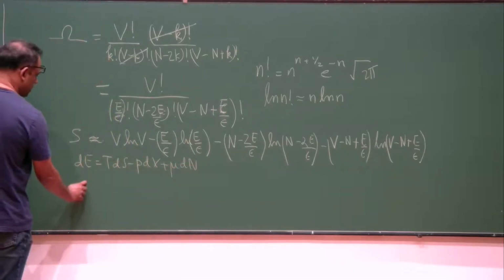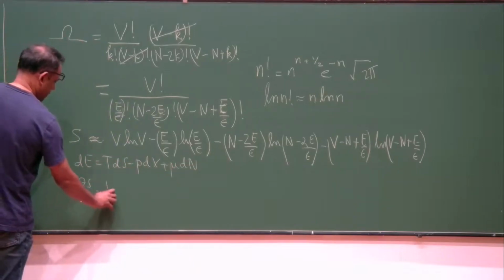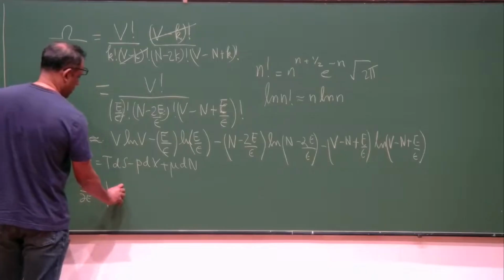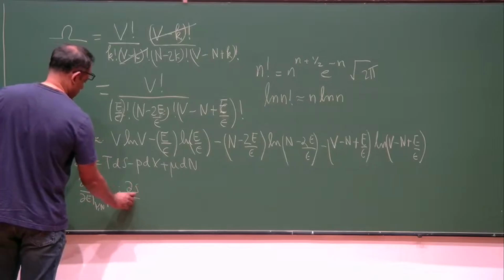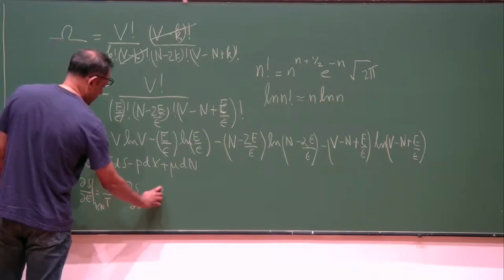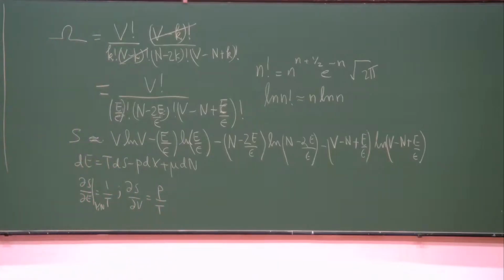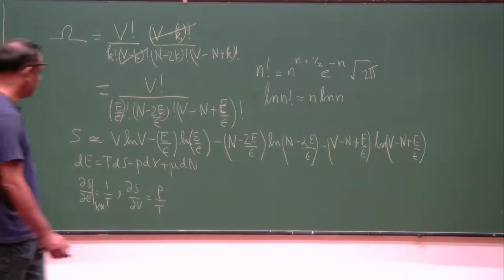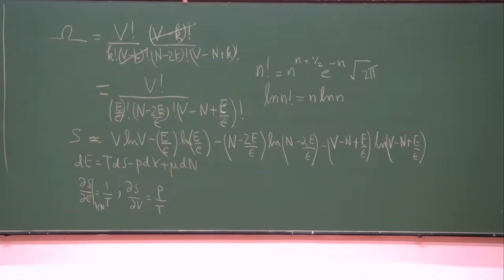So if I do del S by del E, I should get 1 by T. And at constant volume and N, if I do del S by del V, I should get P by T. So we have to just use these two equations. Let me just differentiate once, because the curve looks quite nice in the end.